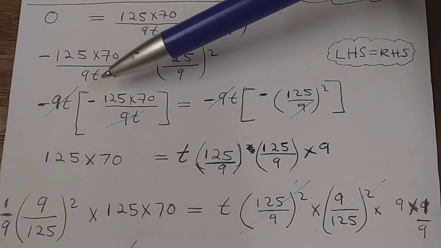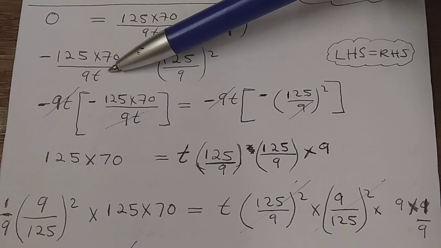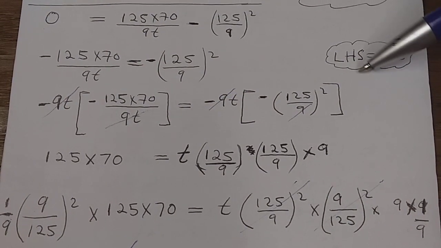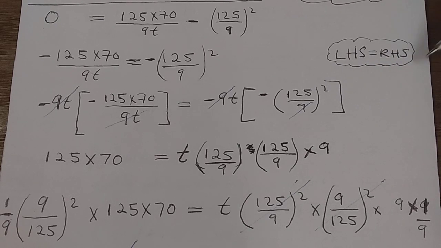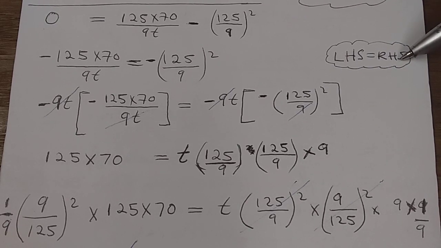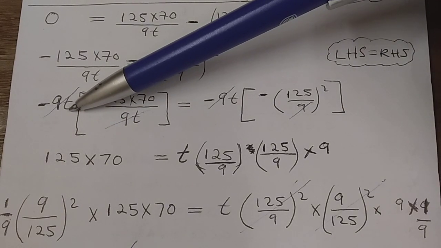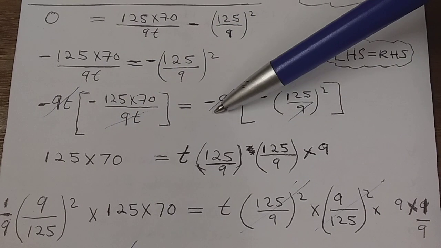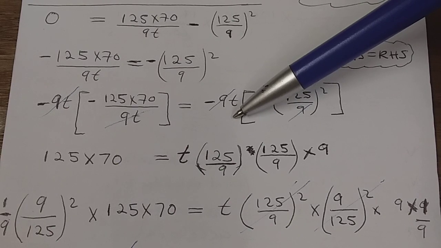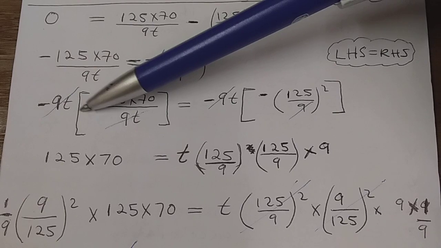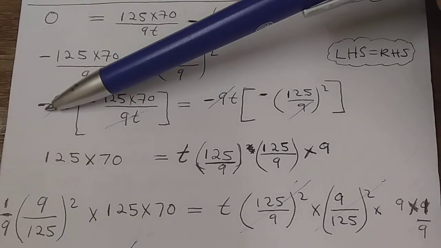Now we want to get rid of 9t. What do we do? We multiply on the left hand side, and also on the right hand side. When you multiply by negative 9t on the left hand side, you must also multiply by negative 9t on the right hand side. So they cancel. Negative times negative is a positive.